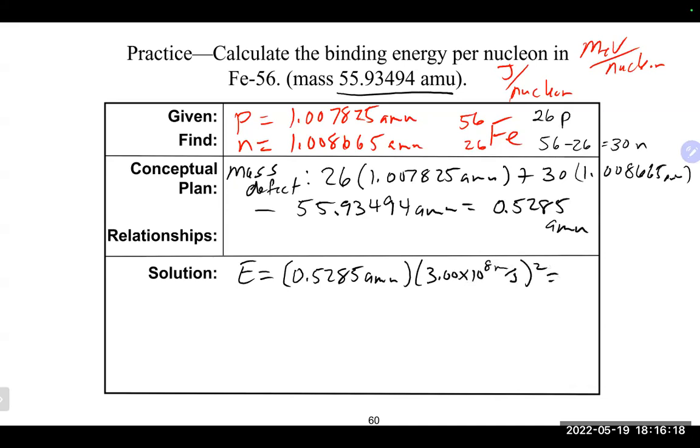And if we do that, that gets you 4.76, I'll call it, times 10 to the 16. Again, here we're in units of AMU, meter squared per second squared. Here we would then basically divide by Avogadro's number to the 26 to get us to the right units.